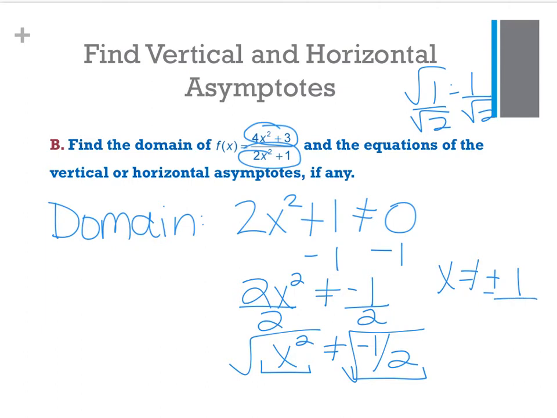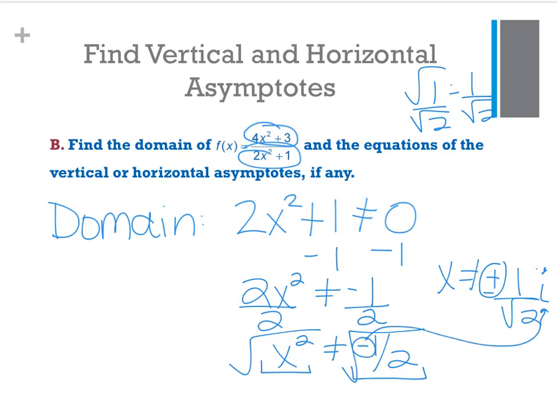So plus or minus 1 over the square root of 2, because a positive and a negative squared could give me a value. However, because this is negative underneath the square root, the solution is imaginary.